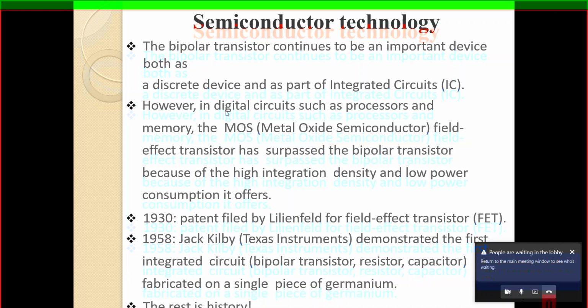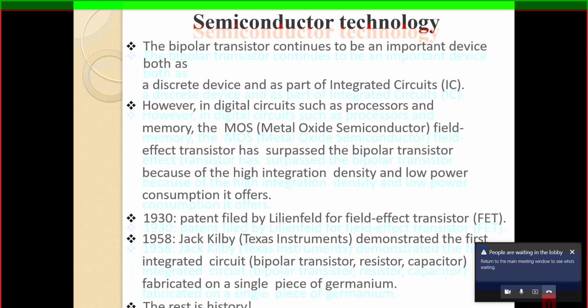However, in digital circuits such as processors and memory, the metal oxide semiconductor field effect transistor, MOSFET, surpasses the bipolar transistor because of its high integration density and low power consumption.